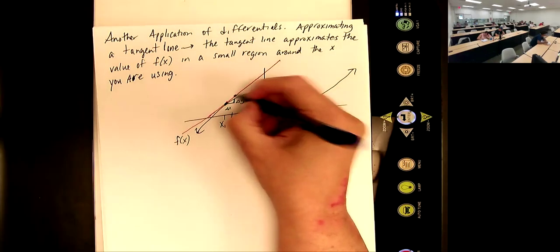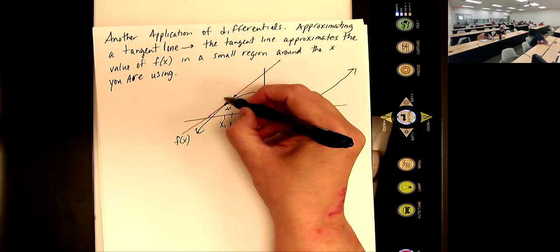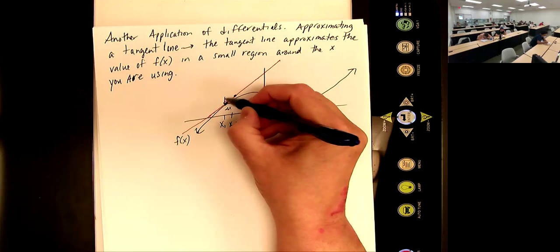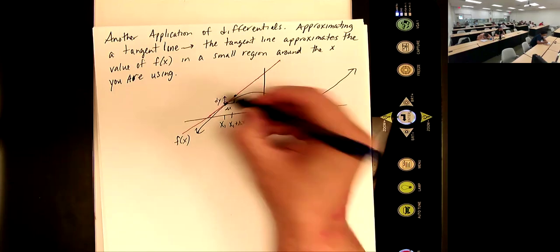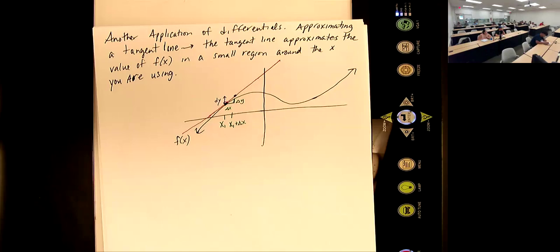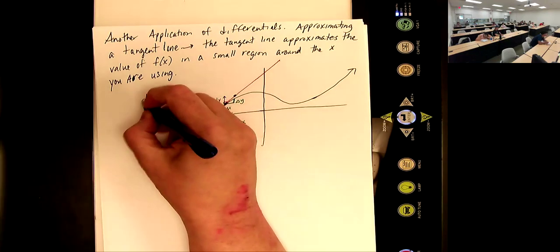But this is where the tangent line's approximating it, and this distance right here is the dy. So the dy is pretty close to the actual difference. We'll put the formula up in a second. In this case, dy is greater than delta y.